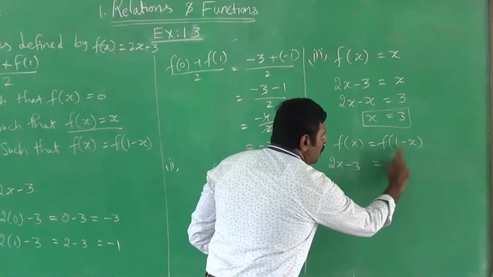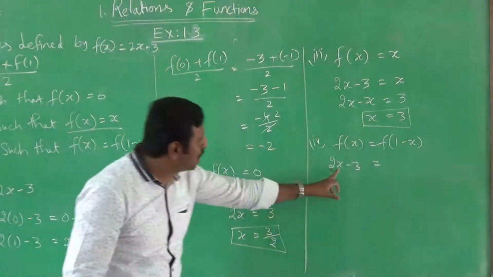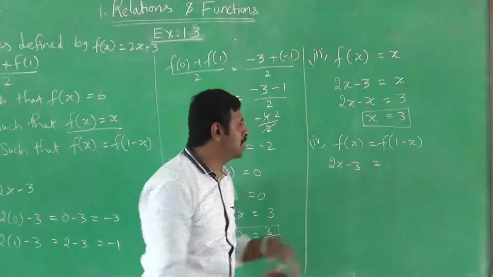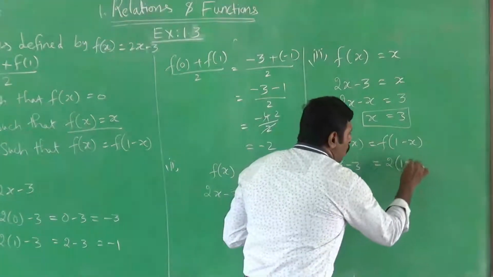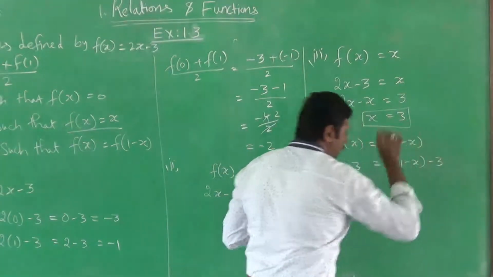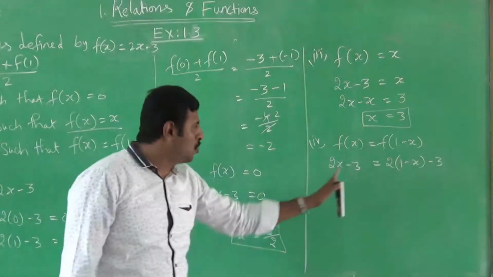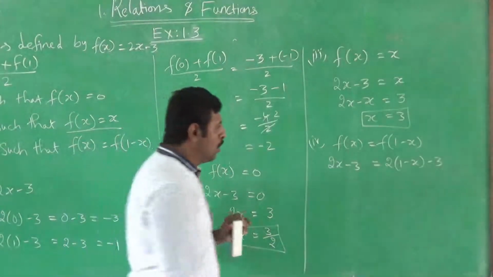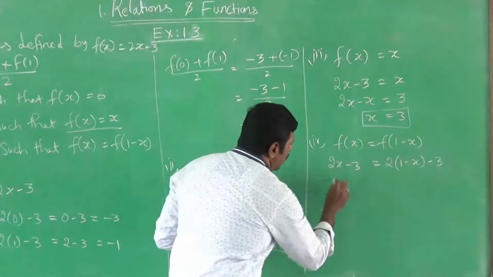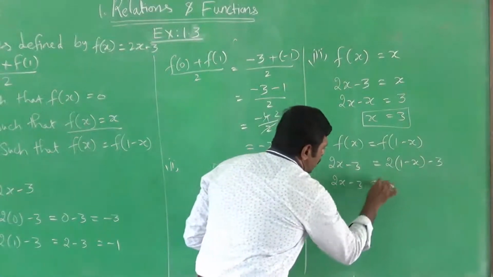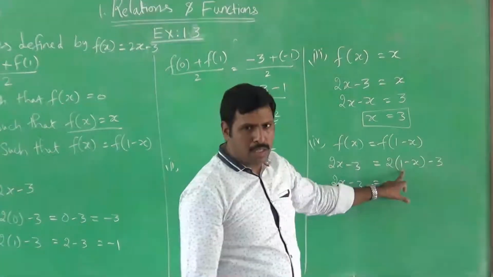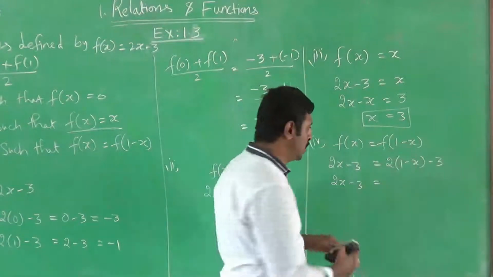Now f of 1 minus x means in the place of x you have to replace the value 1 minus x. So 2 into 1 minus x minus 3. The two functions are equal, that is given. Now we want to find the function, right? 2x minus 3 is equal to, multiply this 2 inside, 2 ones are 2 minus 2x, right?